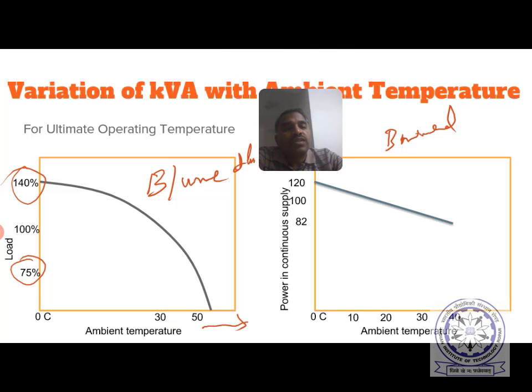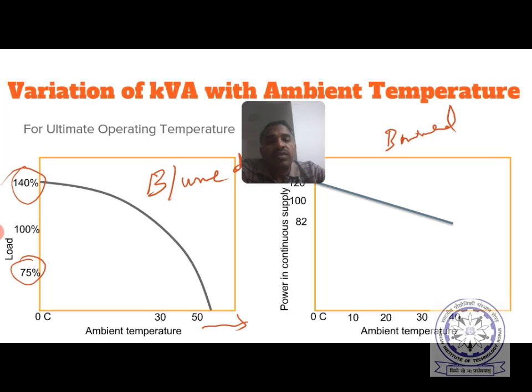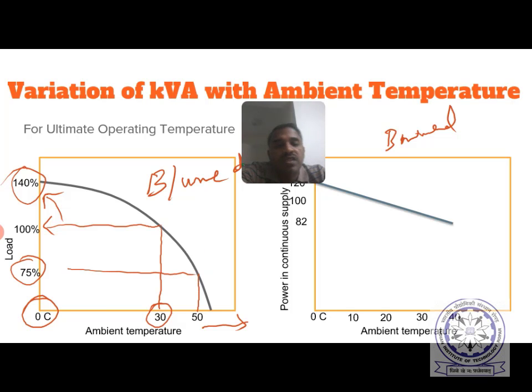Ambient temperature decreases the capability of the transformer, its ultimate operating temperature. For example, at 0 degrees centigrade, we can operate the transformer at 140% of normal load. At 30 degrees centigrade, roughly, ambient temperature corresponds to 100% operation, and 75% at 50 degrees centigrade, and so on. It decreases with ambient temperature, that is, atmospheric temperature.